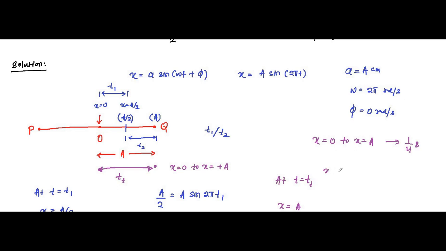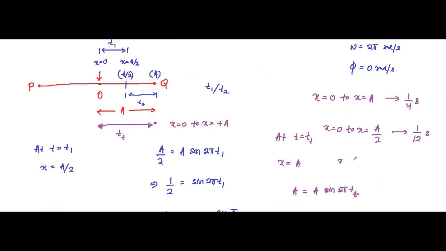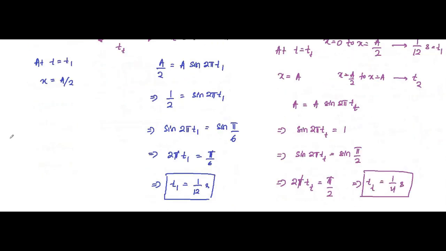Now t1 is the time taken to travel from x is equal to 0 to x is equal to A by 2, which we have calculated as 1 by 12 seconds. Now from x is equal to A by 2 to x is equal to A, that is t2. The total time t subscript t is equal to t1 plus t2.